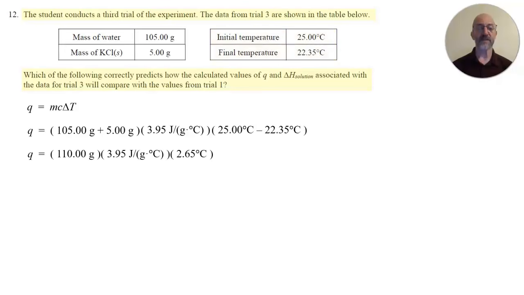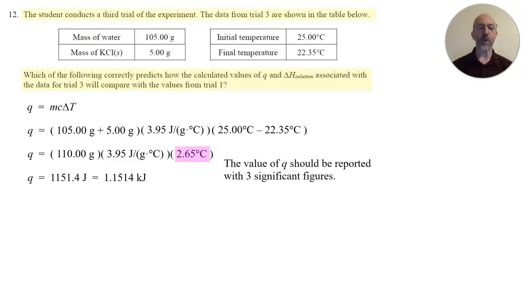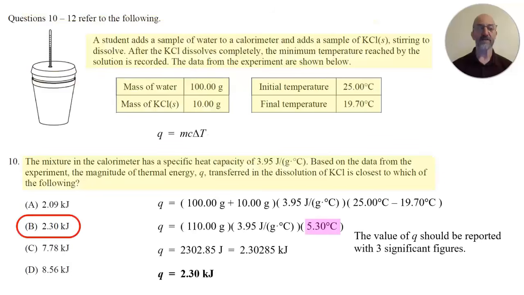2.65 degrees Celsius. So when I pick up my calculator and check this math, 110 times 3.95 times 2.65, I get approximately 1.15 kilojoules. So 1.15 kilojoules, how does that compare with the value of Q from question 10?